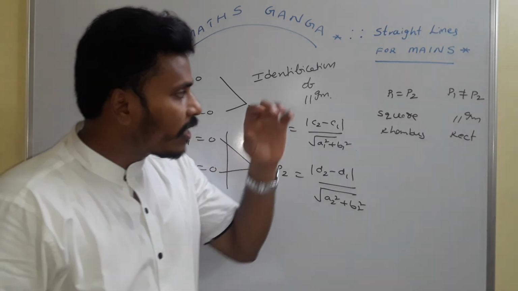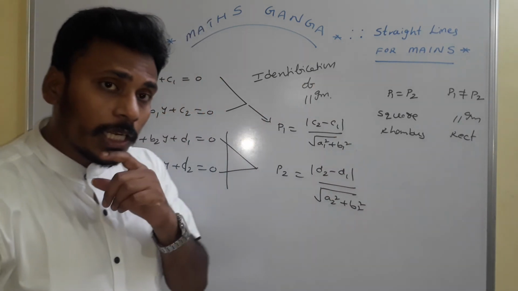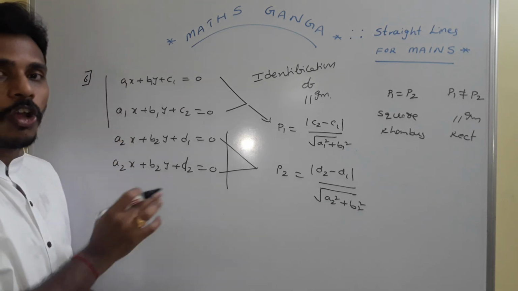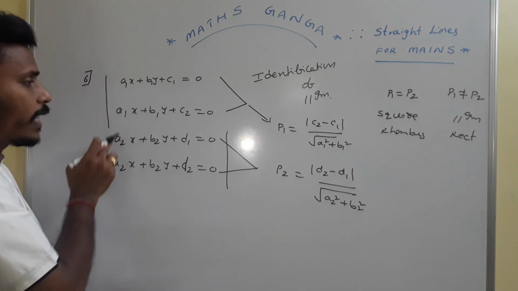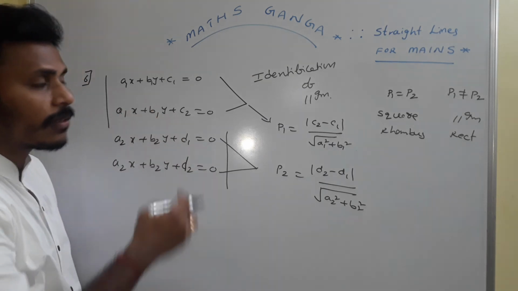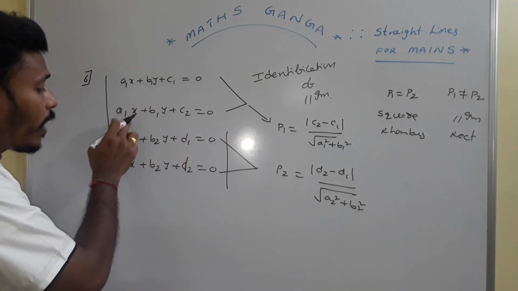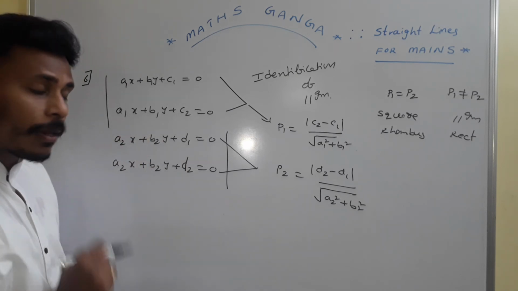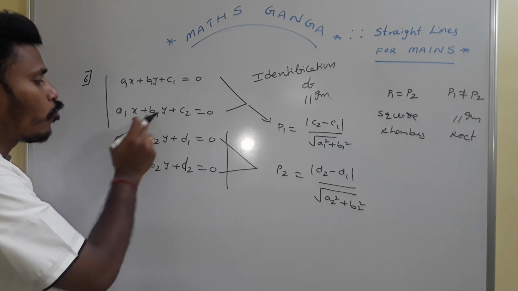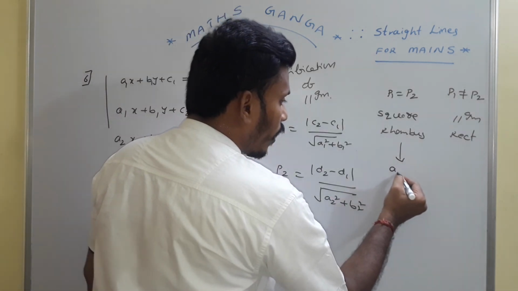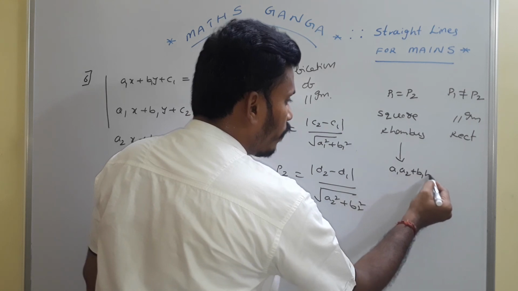To confirm whether it is a square or rhombus, we need to check whether the adjacent sides are perpendicular or not. In this sense, these two work like adjacent sides. If these two are perpendicular, it is a square, and in the other case it is a rectangle. So whenever these two are perpendicular, the product of their slopes is -1, and if you apply that, you will get a1 a2 plus b1 b2 is 0. Now from there you need to check a1 a2 plus b1 b2.